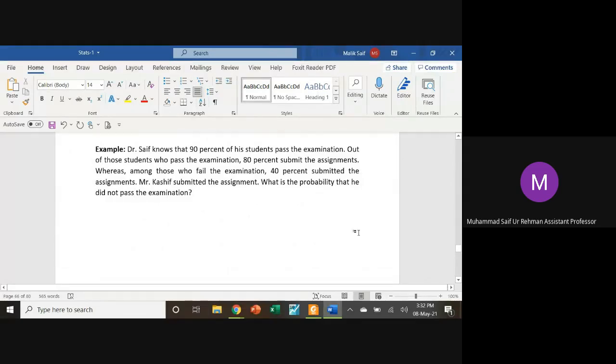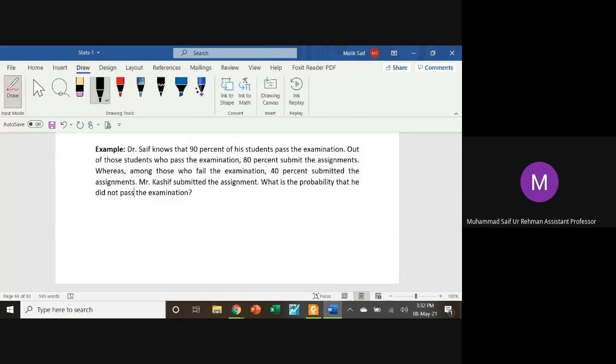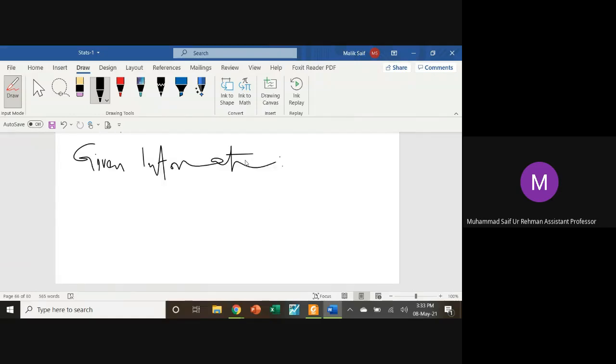So let us first write down the given information. What is given? 90% students pass the examination. So probability of pass is 90%.